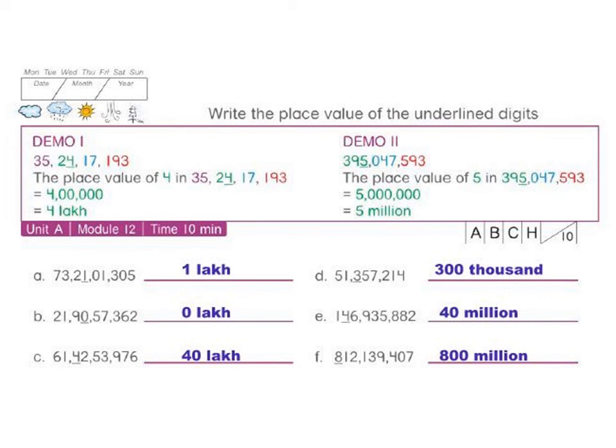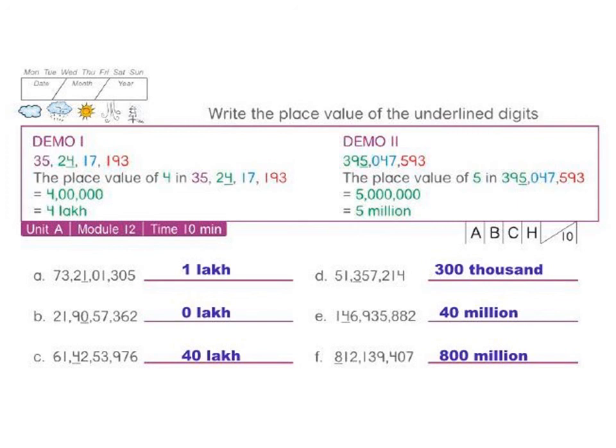In question number D, the number 3 is in 100,000 position, so the place value of 3 will be 300,000. In question number E, 4 is in 10 millionth position, so the answer will be 40 million. And in question number F, the number 8 is in 100 millions position, so the place value of 8 will be 800 million.